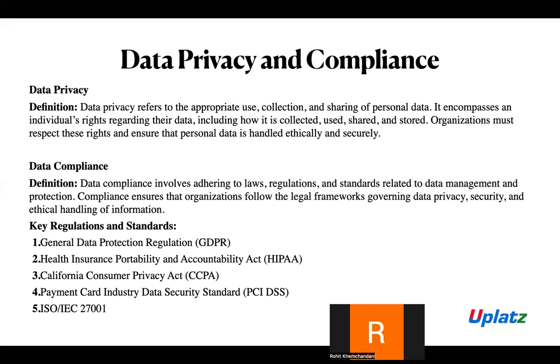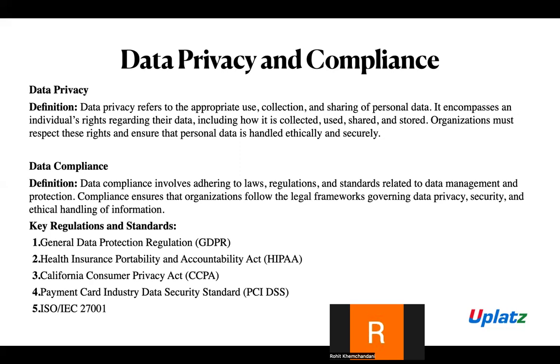Sixth is security. Implementing appropriate technical and organizational measures to protect personal data from unauthorized access, loss, or misuse is crucial. Transparency. Individuals should be informed about how their data is collected, processed, and shared, including their rights regarding that data.